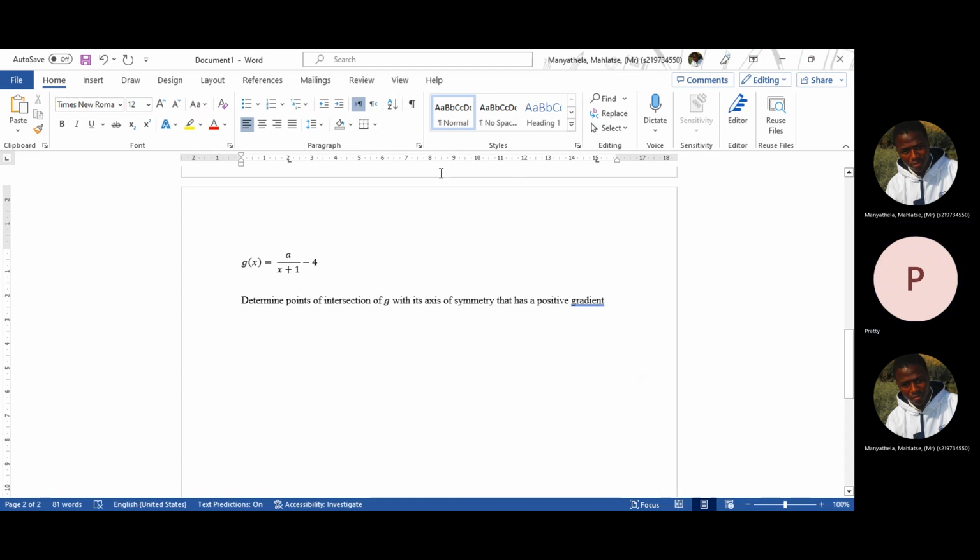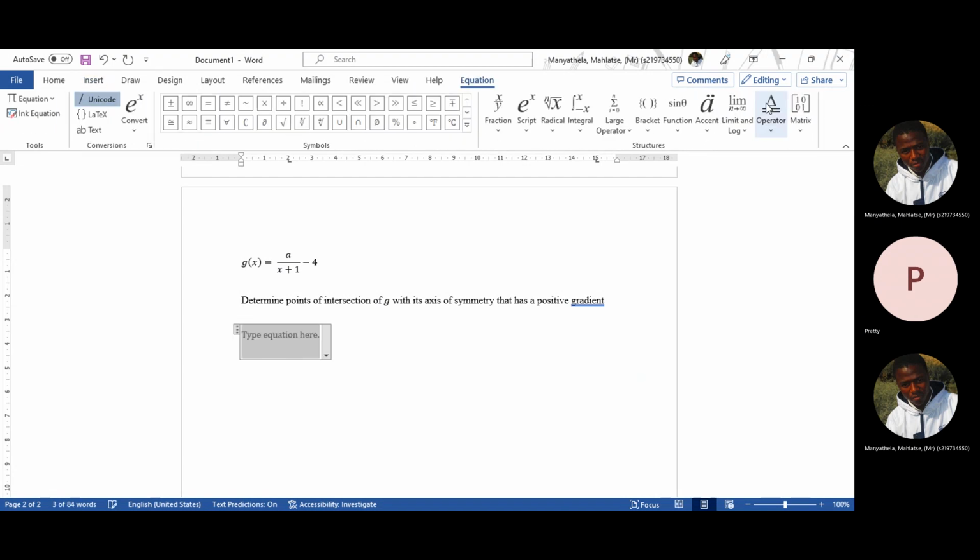So we need the axis of symmetry of the hyperbola. The equation is y equal to plus or minus in brackets x minus p, plus q. It says it has a positive gradient, so we forget about the negative and focus on the positive.